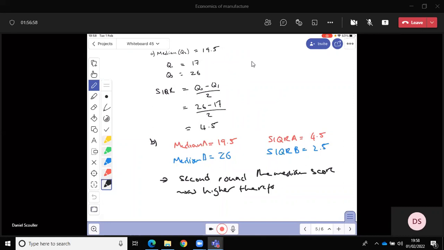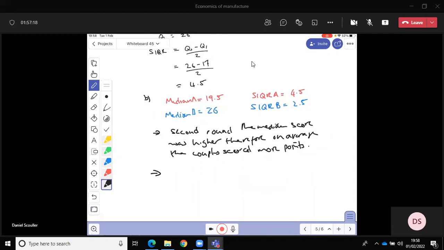Therefore, on average, the couples scored more points. Refer to the question and put that word average in, just to make sure that you've shown the examiner that you know the median is the type of average.